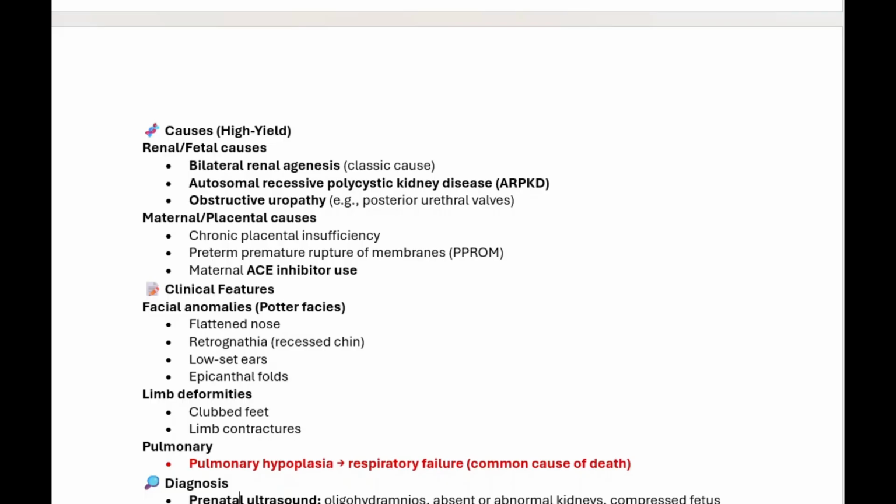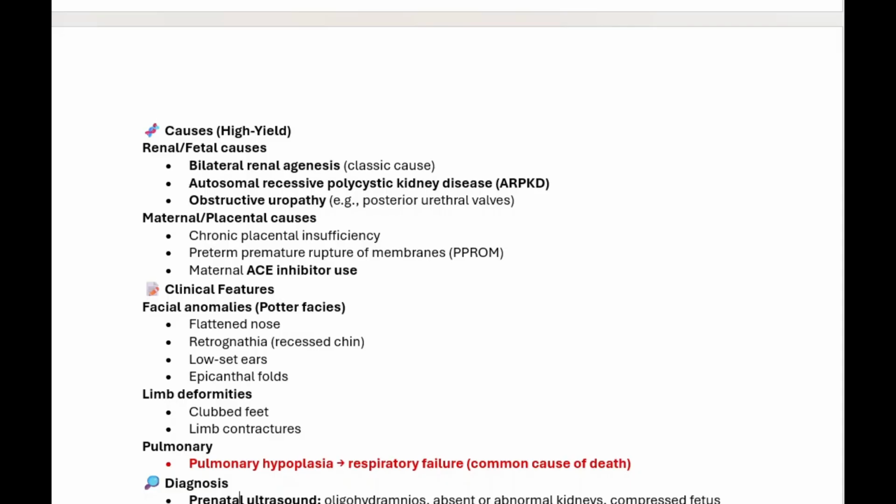So if somebody is taking an ACE inhibitor, you're removing those angiotensin 2 effects from the efferent arterioles, and that will lead to decreased glomerular filtration, decreased urine production, and oligohydramnios. That's why ACE inhibitors are contraindicated in pregnancy, because they are teratogens.